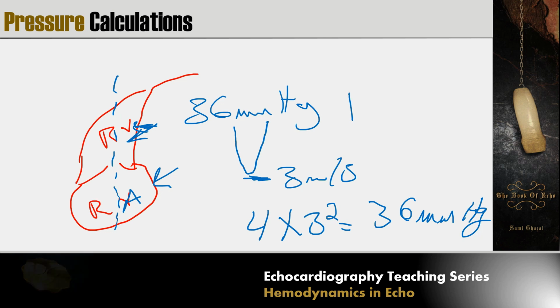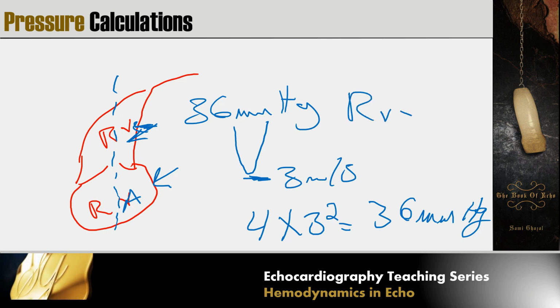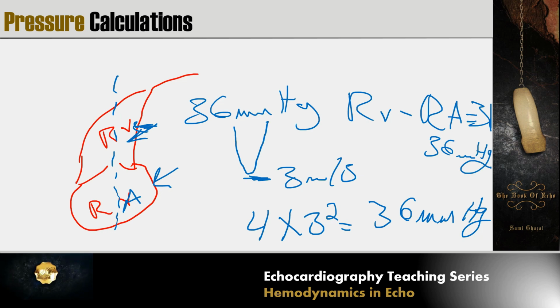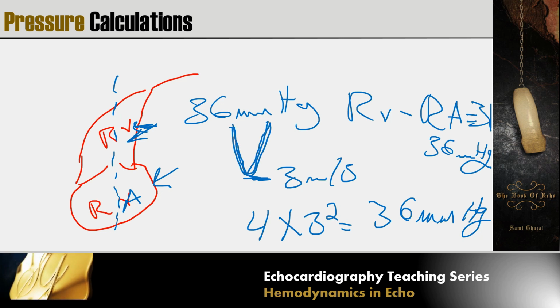So RV pressure minus RA pressure equals 36 millimeters of mercury. And this is true because the flow direction will determine which has the higher pressure.